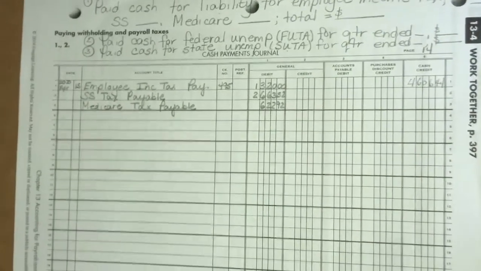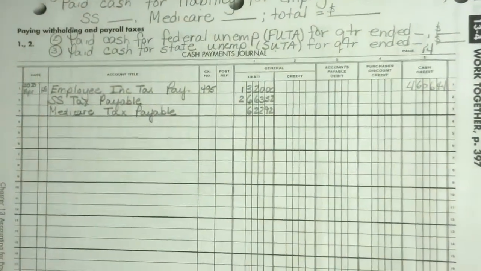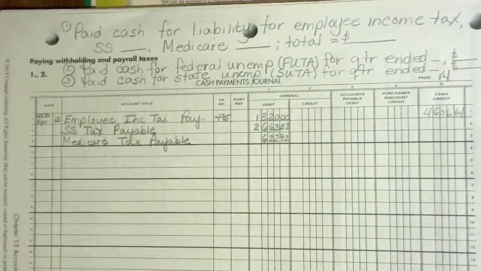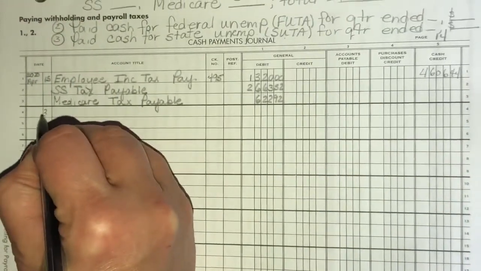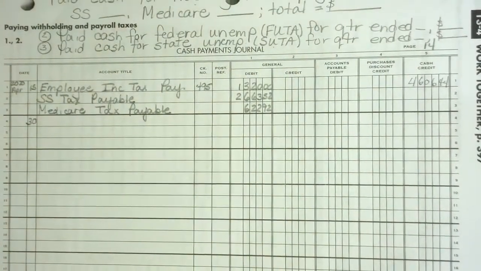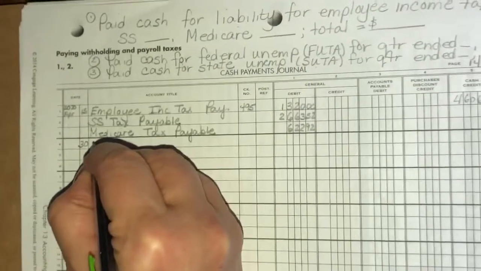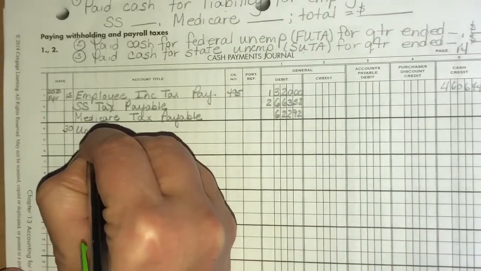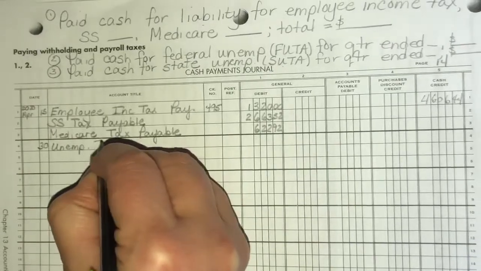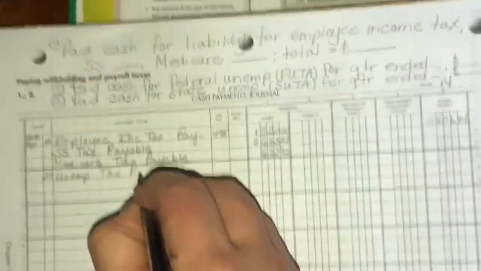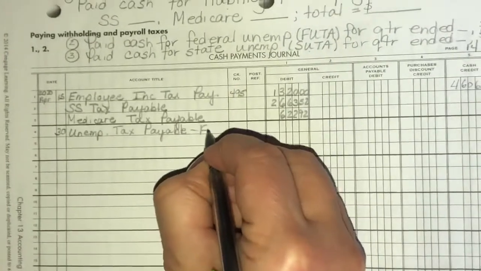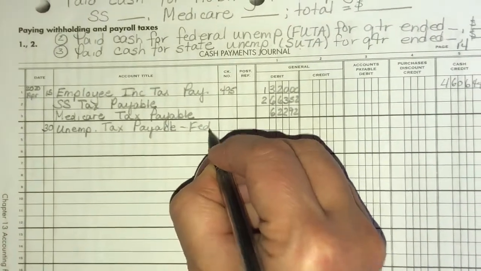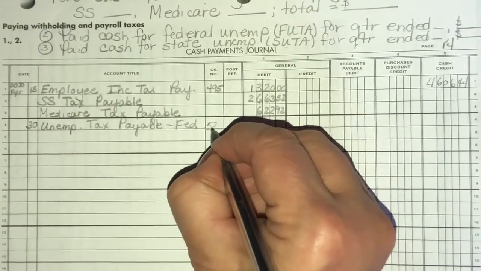Okay, but since they gave us the little chart on page 397 in your book, we're going to handle this a little bit differently. So it is the 30th of the month because they give you 30 days to make payment, and April has 30 days. And so our account is unemployment tax payable federal, and they told us that the check number for that was 522.